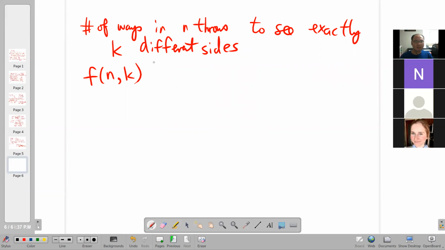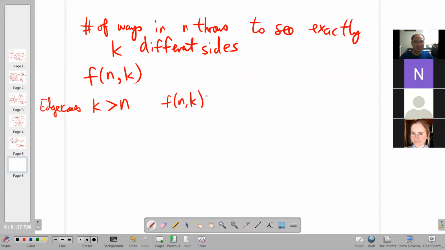All right, you always look for the simple cases, the edge cases. If k is greater than n, so if you have 10 throws and you want to see 30 different faces, the answer is 0.